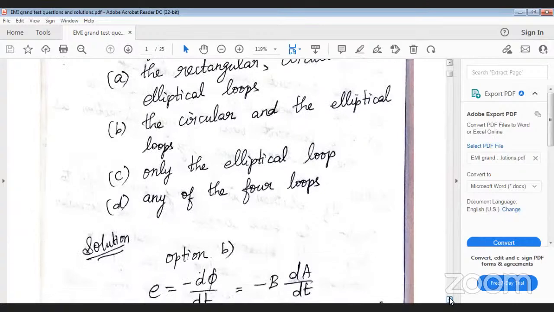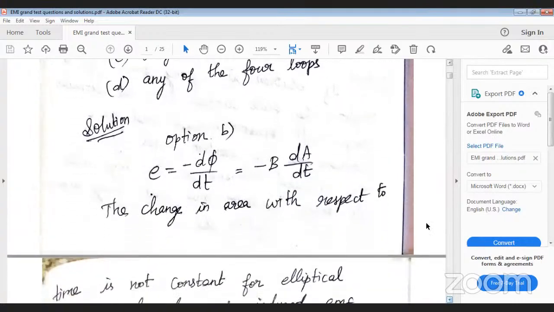Here we know very well that EMF E equal to minus d phi by dt. Here phi is equal to B into A, that you know very well: magnetic field into area.